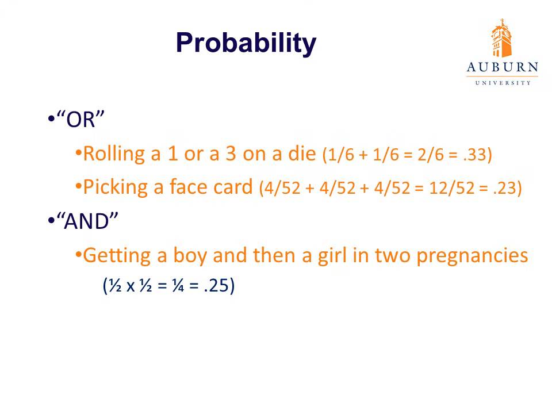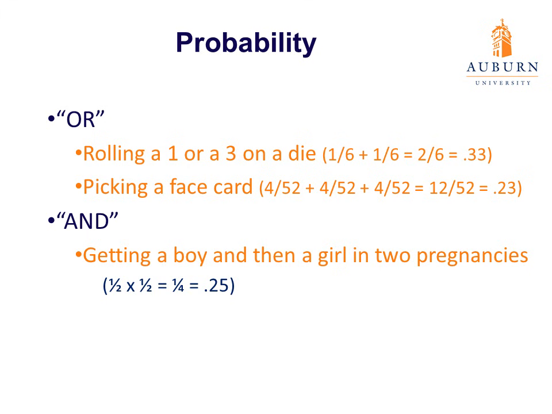Okay, so if that's the case, then the probability of getting a boy in any one pregnancy is 1 over 2. So boy would be our specific outcome, and all possible outcomes would be either boy or girl. So we have a proportion of 1 over 2. And then for the next pregnancy, the proportion would be the same because a girl will be one of two possible outcomes, either a boy or a girl, and so that would be 1 over 2 as well.